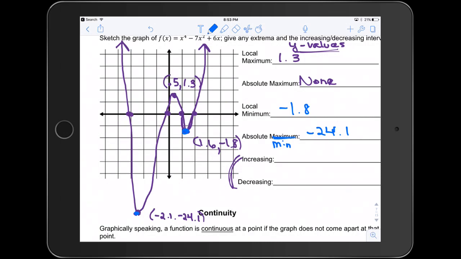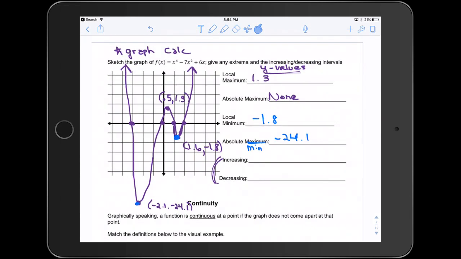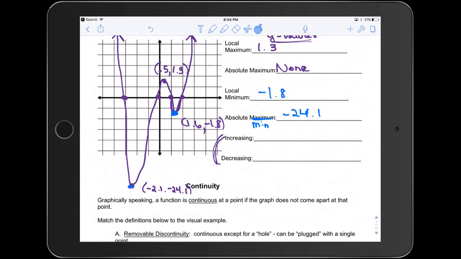So students tend to find that pretty straightforward. Now I will say that the number one error on the assessment, even though I say this, is that students get increasing and decreasing wrong because they're thinking about y coordinates as with local max and mins and absolute max and mins.